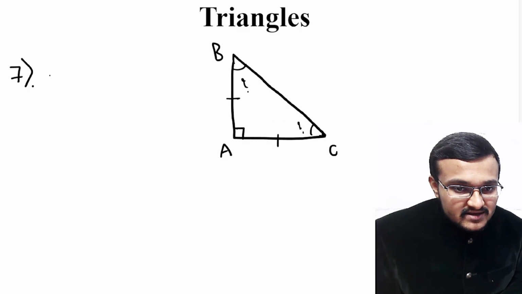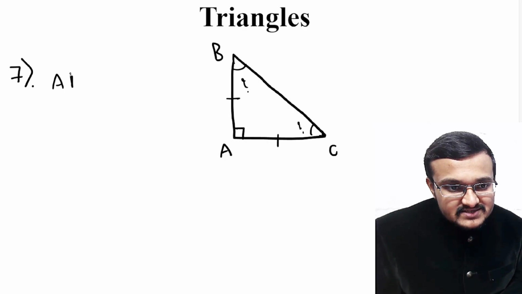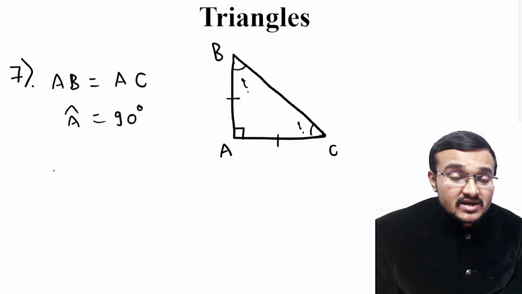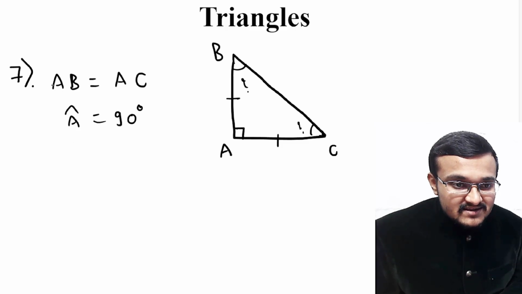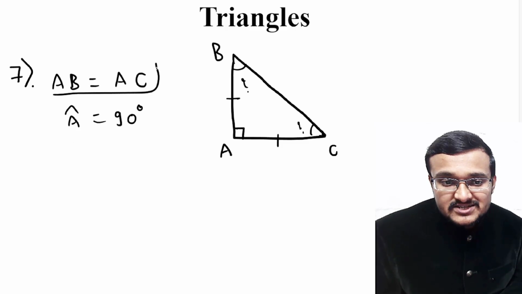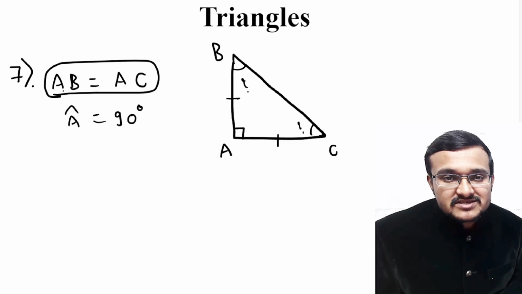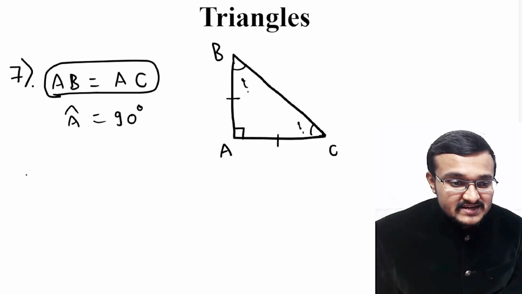So now here the data which they have given is AB is equal to AC, and here angle A is equal to 90 degree. In an isosceles triangle, if two sides of a particular triangle are equal to each other, that is an isosceles triangle.